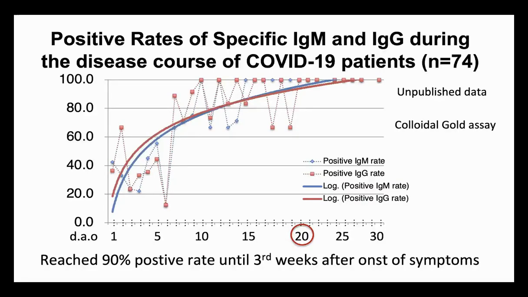As shown in this figure, antibody levels of both IgM and IgG increase over time. However, the positive rates of both antibodies in the first week were only around 40%, increased to about 75% in the second week, and reached 90% by the third week.